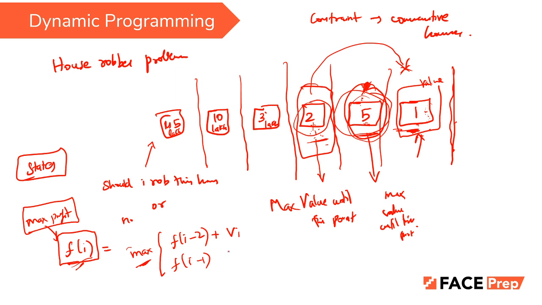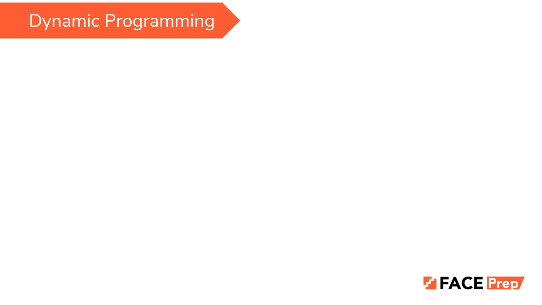Now, there are many ways of implementing it. This is a recursive way of implementing it. How do I implement it in a bottom up way? I will have a variable a as 0, and a variable b as 0. This is going to be the function profit for n houses.